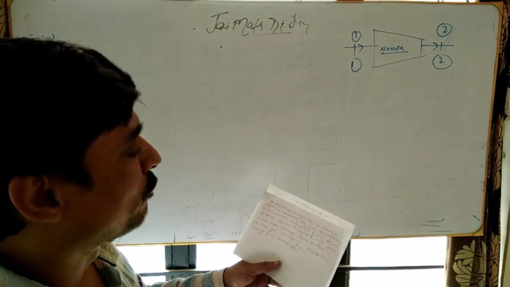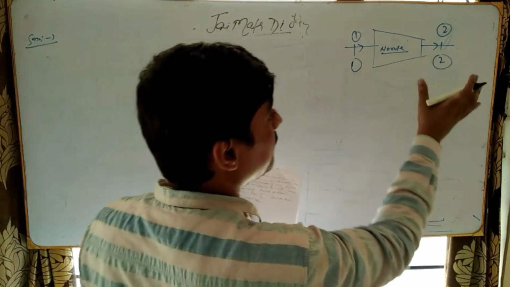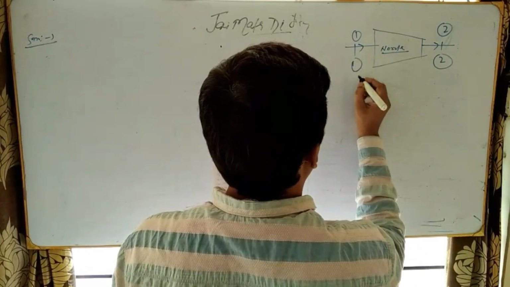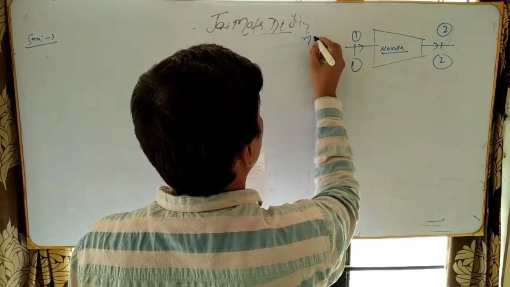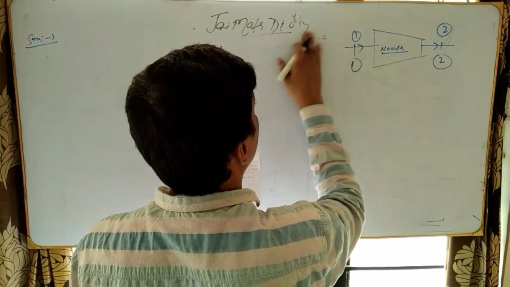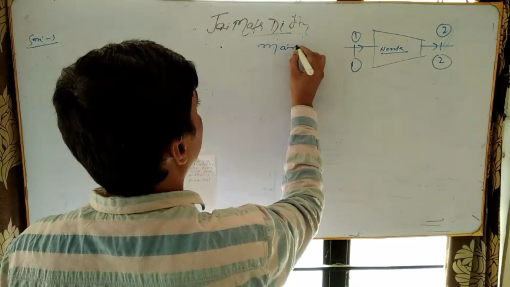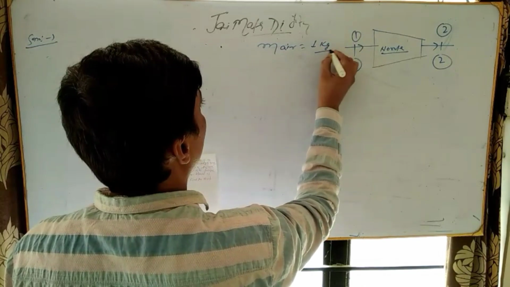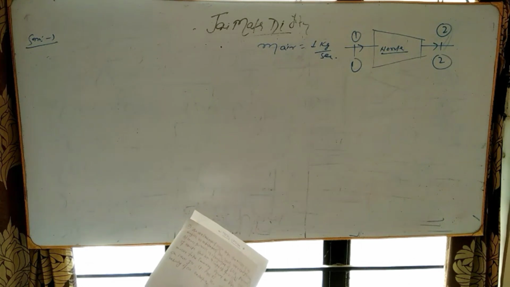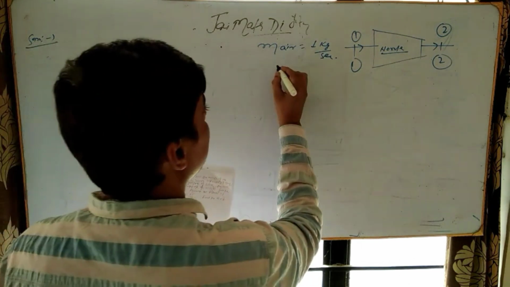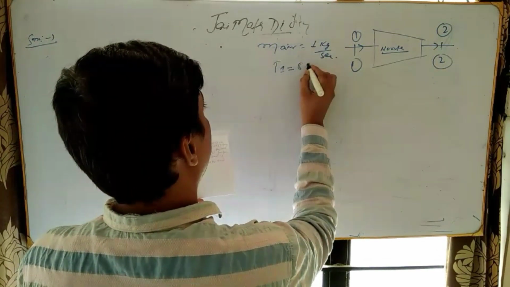The air at a flow rate of 1 kg per second enters the nozzle of a jet engine. This nozzle is used in a jet engine. In this question, the mass flow rate of air is given, 1 kg per second. At entry, it enters the nozzle at a temperature of 800 Kelvin.